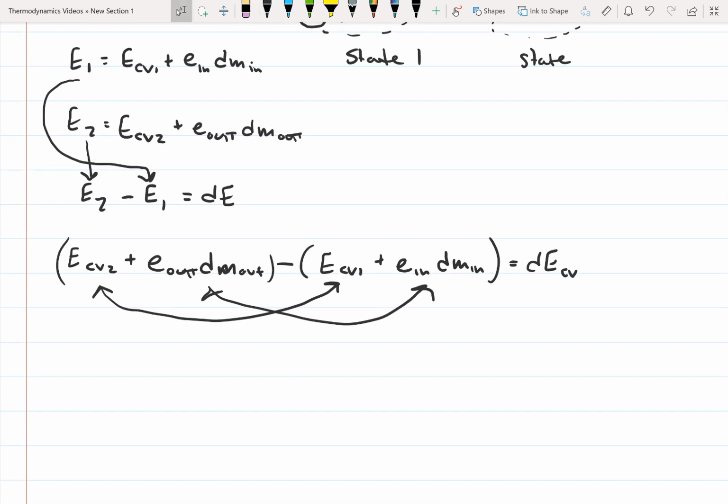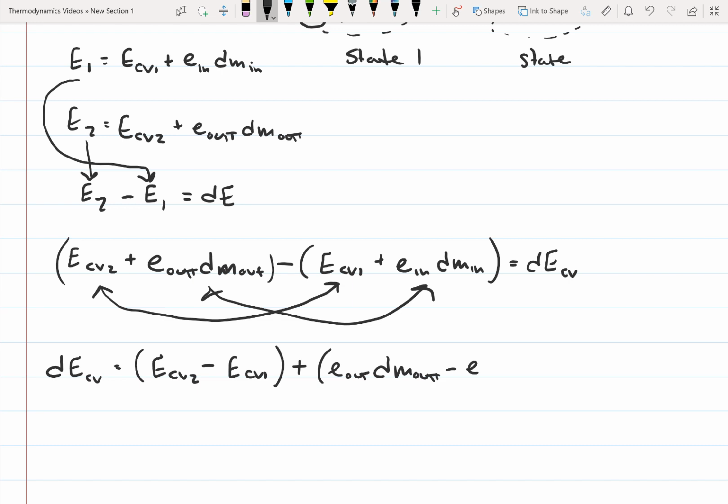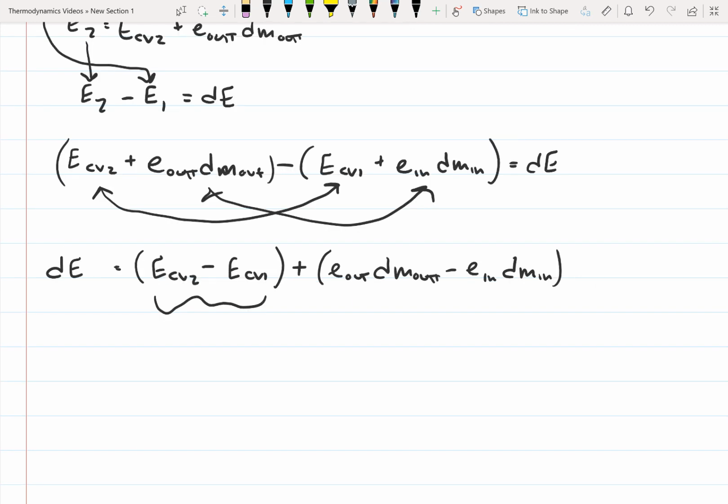If I do that, I get that dE_CV is equal to E, the energy associated with the control volume at state 2 minus the energy associated with the control volume at state 1, plus the energy associated with the mass that's flowing out of the control volume minus the energy associated with the mass that's flowing into the control volume. So this E_CV2 minus E_CV1 is the change in energy of the control volume.